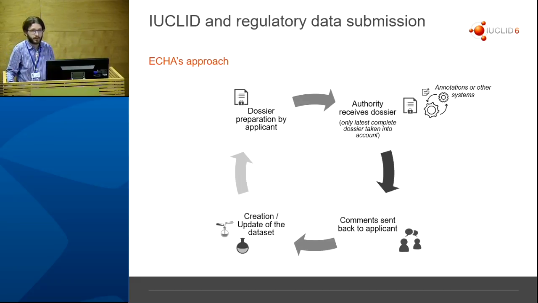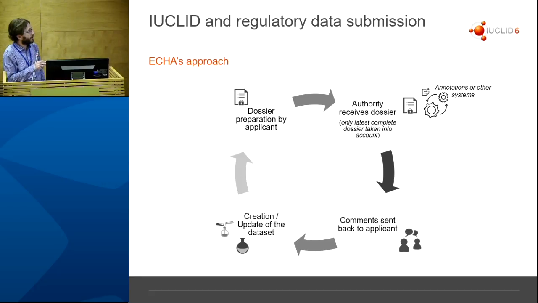So how does it work? You start from here, the creation or the update of the dataset. So you create a dataset to collect the information that is needed under a specific regulation. Then you will prepare a dossier containing all this information. You will submit it to the authorities, to ECHA.